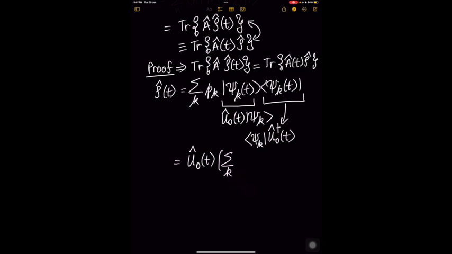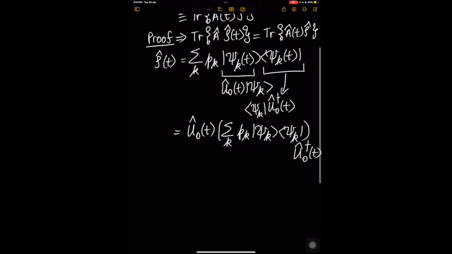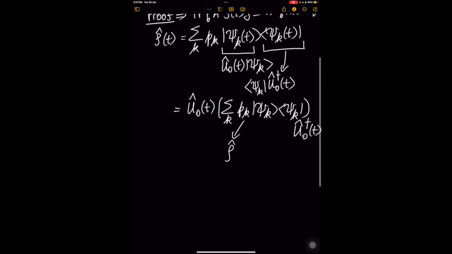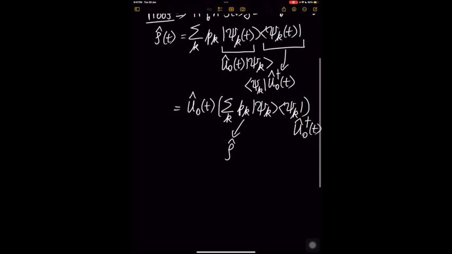So sum over k, p_k |psi_k><psi_k|, with U hat dagger(t) acting on this, and this is just your density operator for the mixed quantum system, which is independent of time. So it takes on this structure.